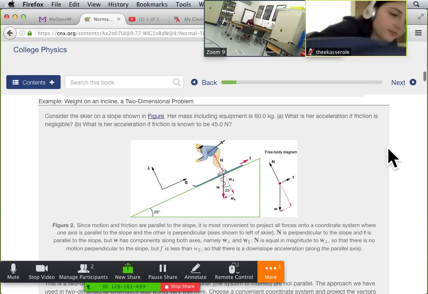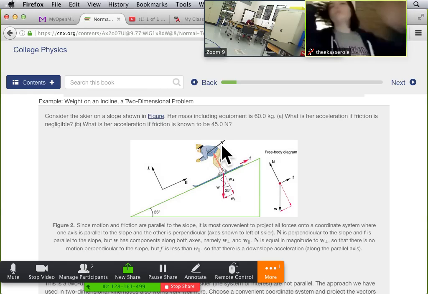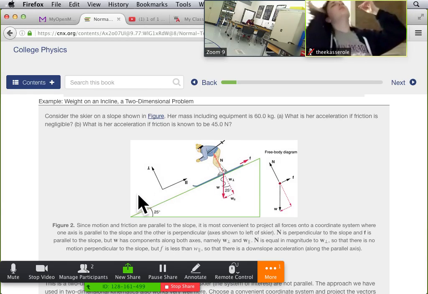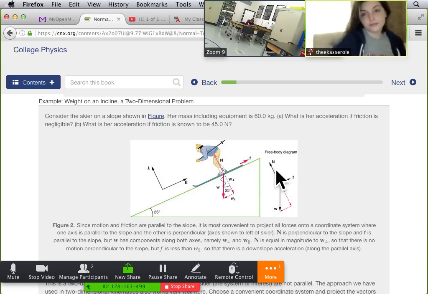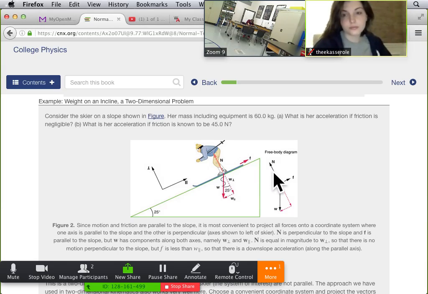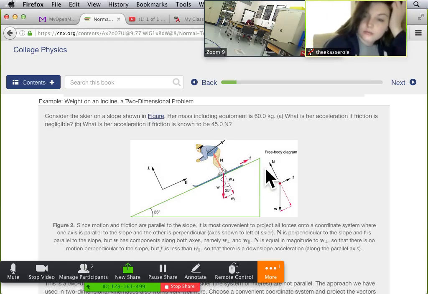Let's look at a really interesting problem here with the normal force. Here we have a skier going down a slope. In which direction is the normal force going to be? The skier is going down this slope. Can you see the normal force? It's right here going upward and to the left. That is 90 degrees to the slope.